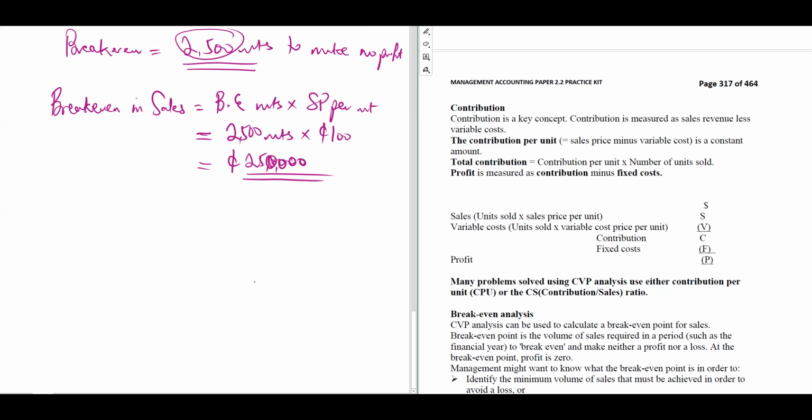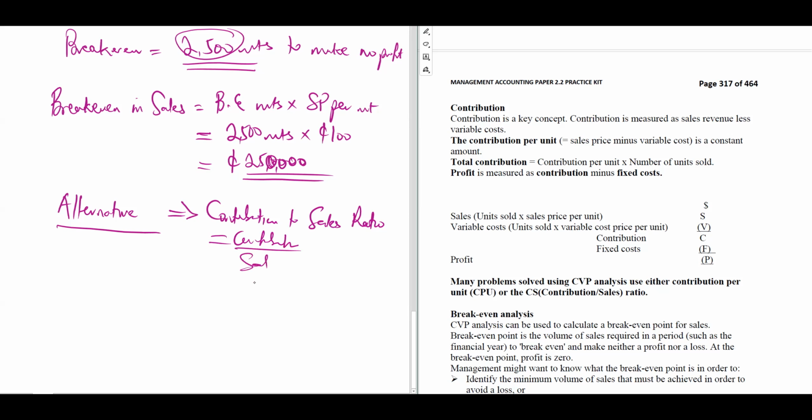Okay. So that is it. We have an alternative, and that alternative is the use of the contribution margin ratio. Okay, we can call it the contribution to sales ratio, which is your contribution over sales. Or we can also call it contribution margin ratio, okay?